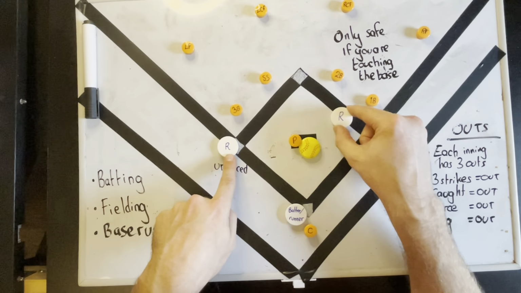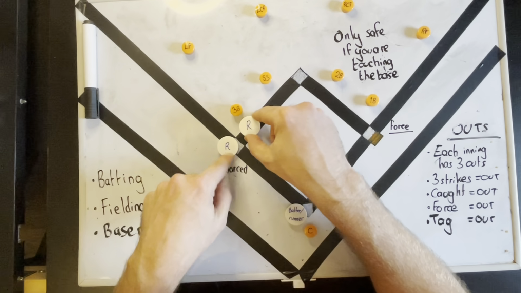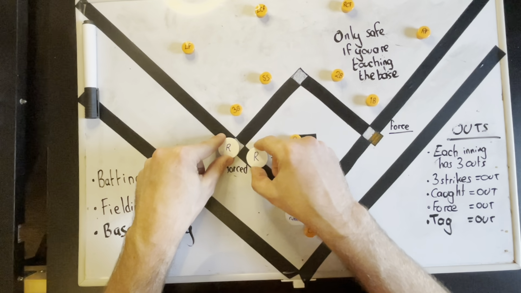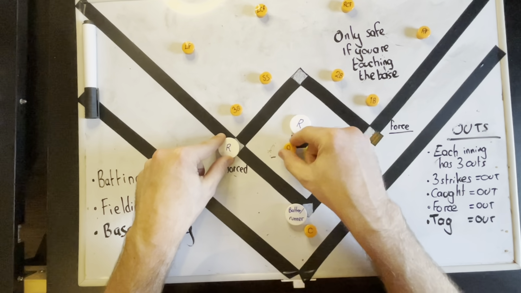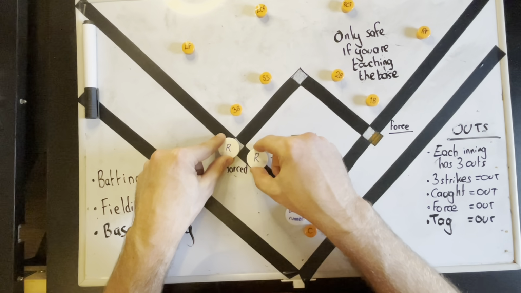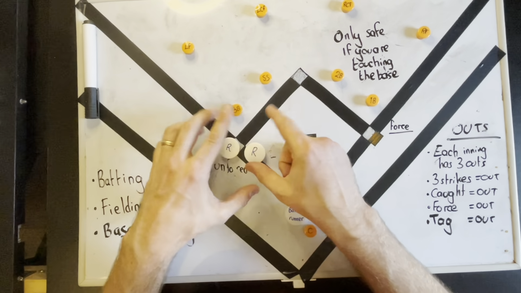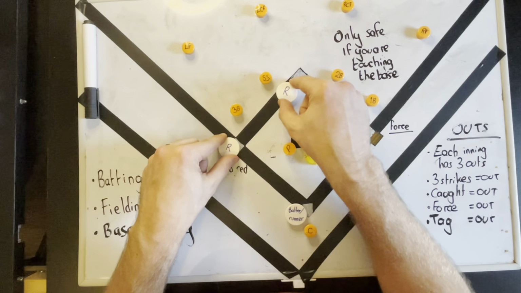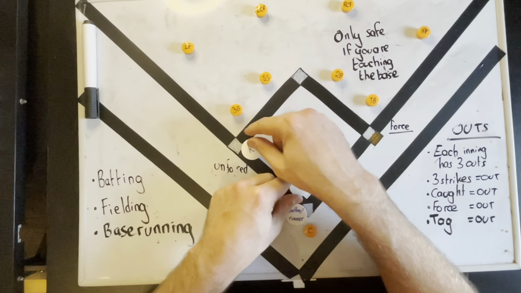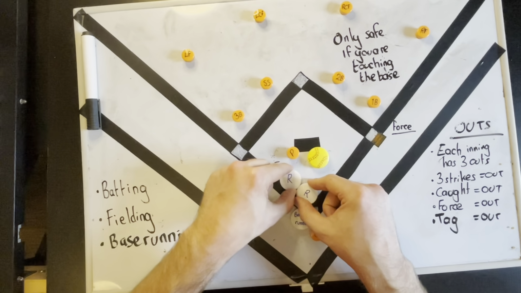If this runner kept going, one thing that is not permitted is a runner to overtake the other. So this runner here from first couldn't go all the way around and then overtake this person and come in. If that happens, then both the runners are out. So if this person comes round, they have to go, come on, go, go, go, and they have to cross the plate.